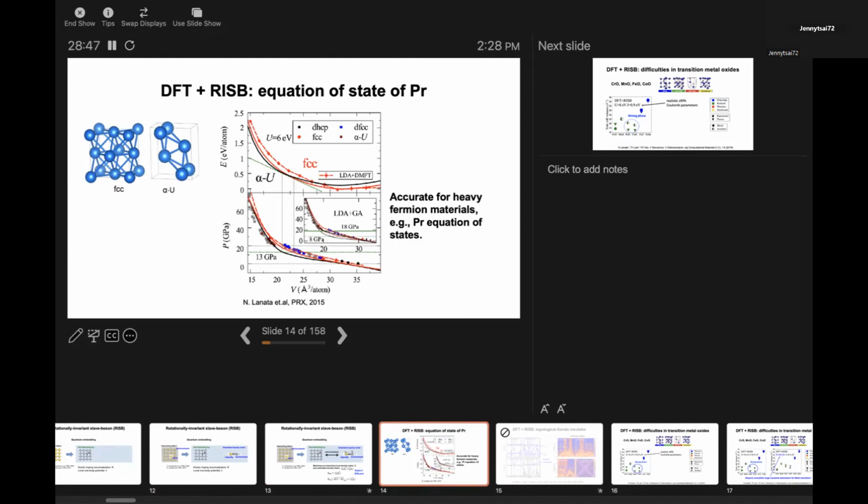We see a crossing between these two phases, meaning there's a transition. If we take the derivative of the energy with respect to volume, we get the pressure versus volume curve. Here the dots are the experiment, and it shows that this LDA plus RISB, which is equivalent to Gutzwiller, gets the equation of state curve quite nicely.